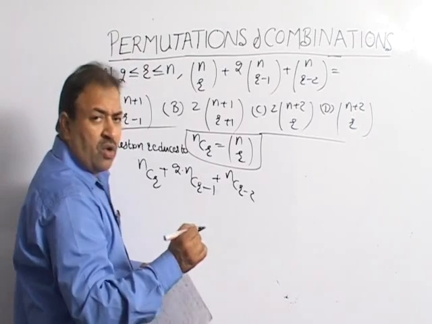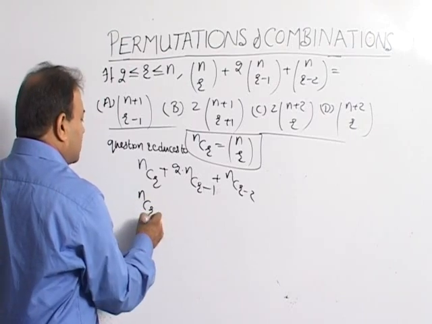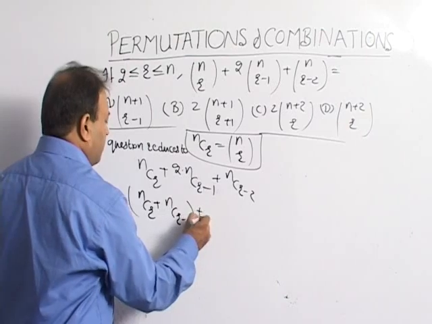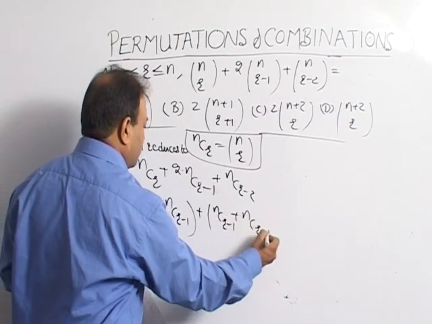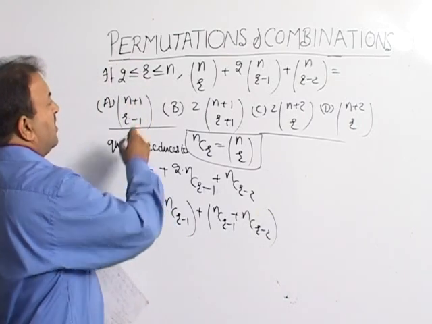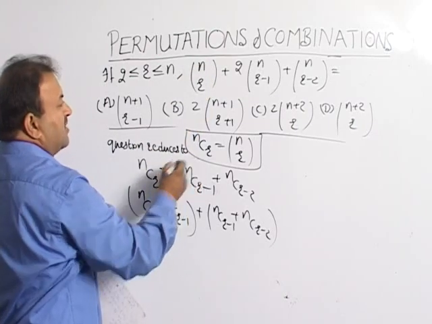Now the method of solving is very simple. Now what will we do, we will break up this: nCr plus nCr minus 1 in one bracket, plus nCr minus 1 plus nCr minus 2. Once again, important thing, all this is nr, it can be read as nCr.